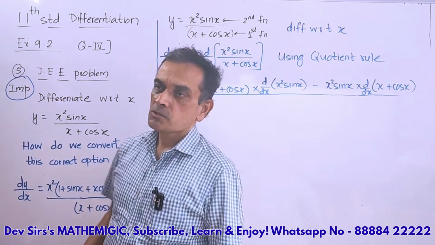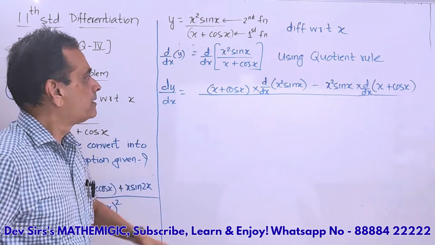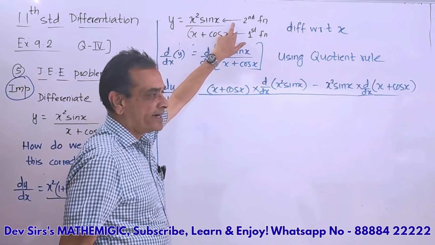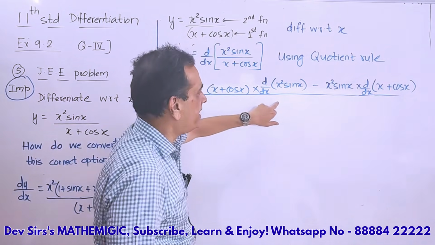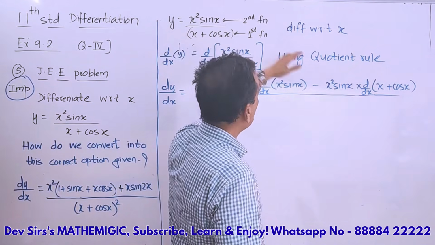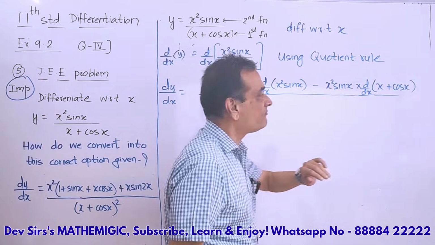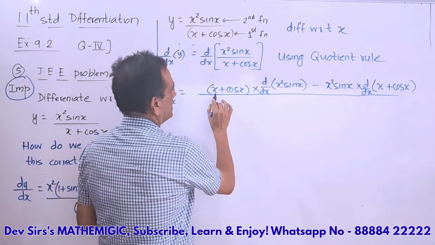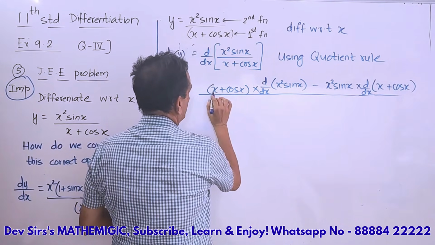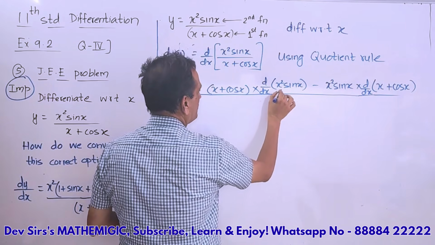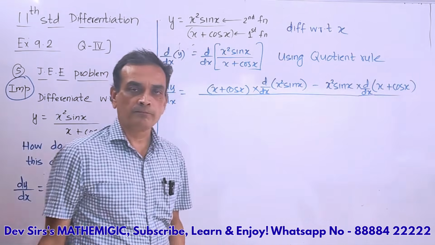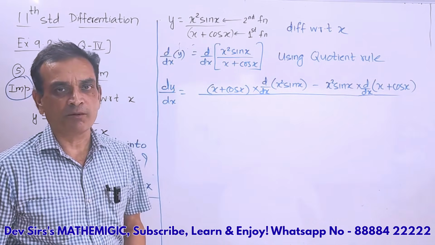Okay, so again I am repeating. First function derivative of second, derivative means d by dx, minus second function into derivative of first, or other way you can say denominator into derivative of numerator minus numerator into derivative of denominator. Any way you want to remember, you can remember.